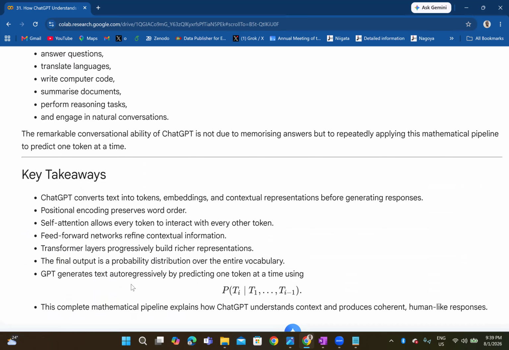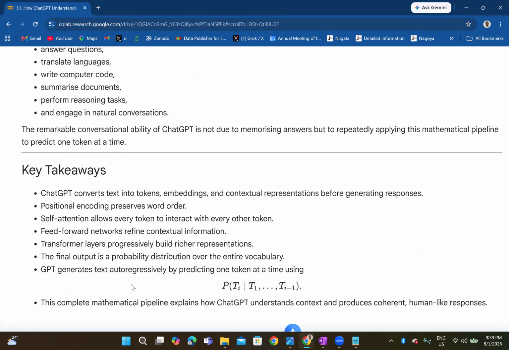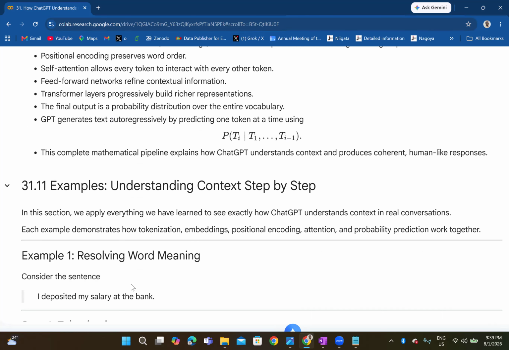The final output is a probability distribution over the entire vocabulary. Then GPT generates text autoregressively by predicting one token at a time using the probability of Ti given T1 up to Ti minus 1. So this complete mathematical pipeline explains how ChatGPT understands context and produces coherent human-like responses.